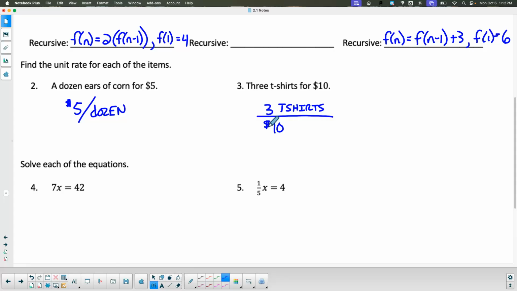Unit rate is just the rate of change. It's just written with its units. So instead of saying plus 5 here for dozens of corn, it's $5 per dozen.